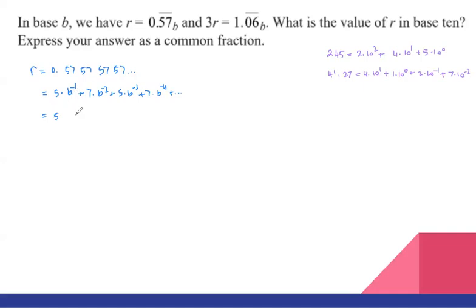B to the negative first power is just 1 over B. And then B to the negative third is 1 over B to the third. Since this is multiplied by 5, and this is multiplied by 5, instead of multiplying all these 5s separately, I'm going to combine all these numbers and take 5 as a common factor.